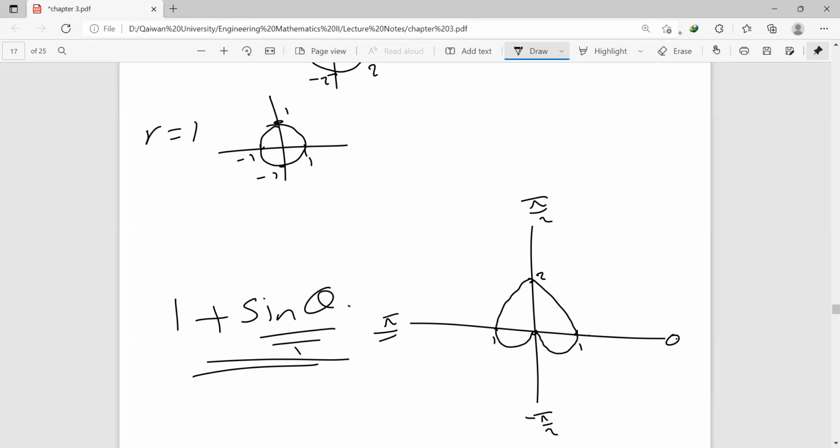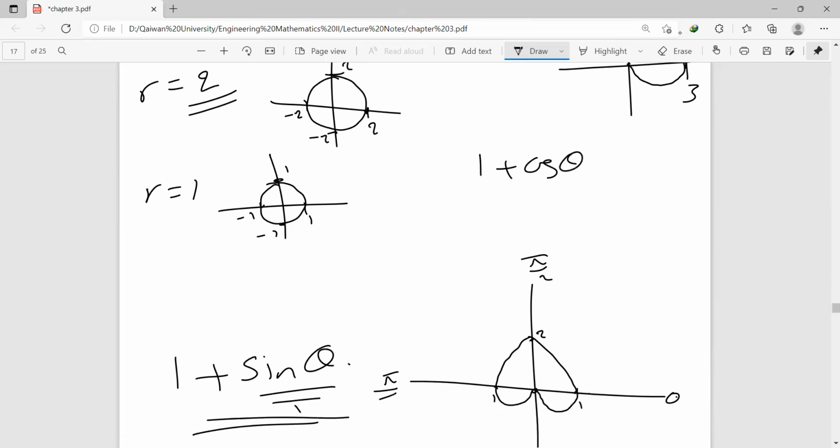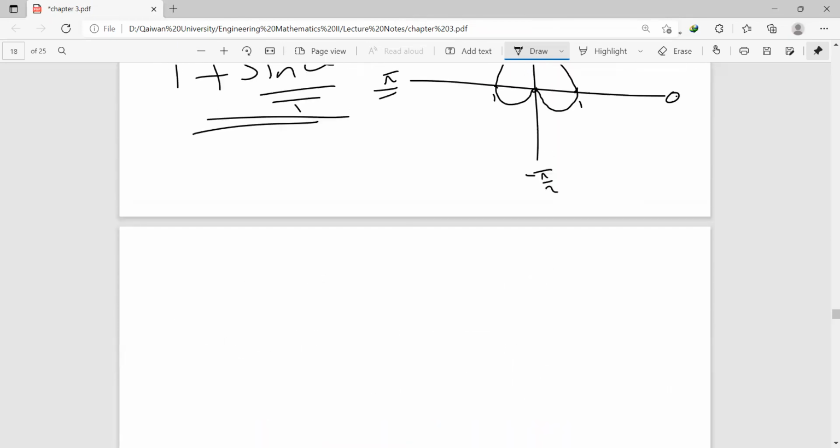So how about the graph of, let's say, 1 plus cosine theta? Let me do it beneath here.